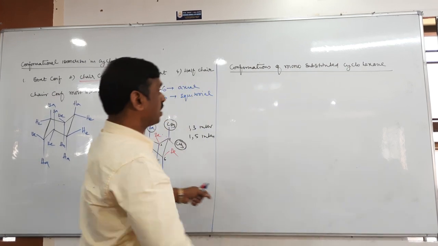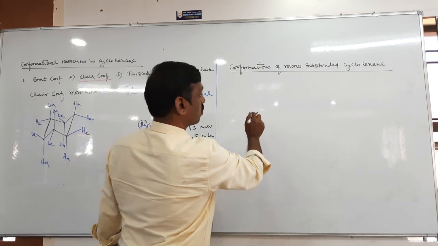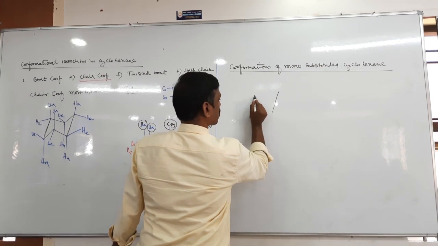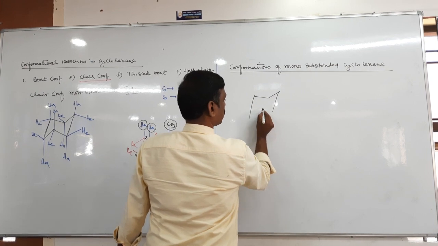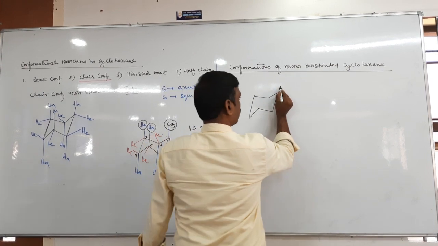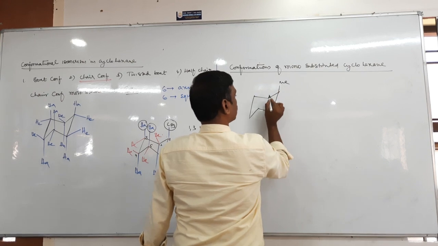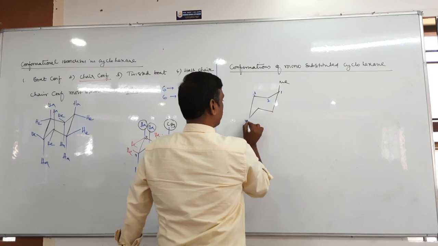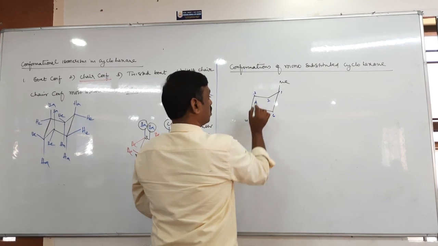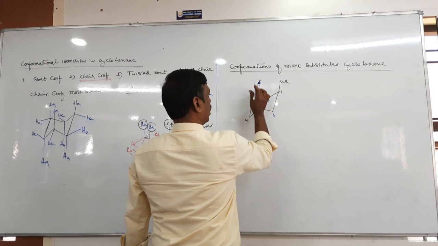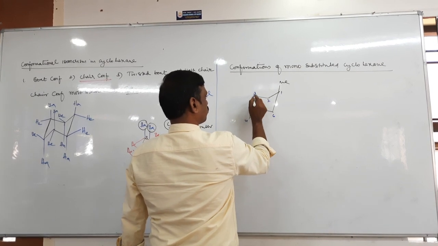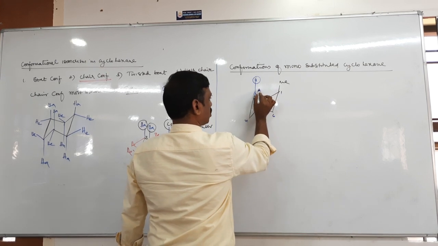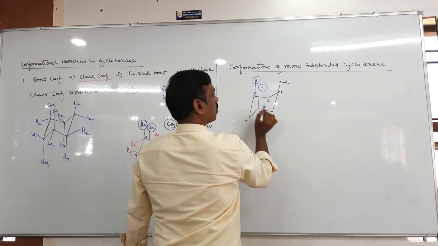Therefore, tell me, in the case of monosubstituted cyclohexane, take this. This is 1, 2, 3, 4, 5, 6. There is a hydrogen here, and a fifth hydrogen comes here, right?